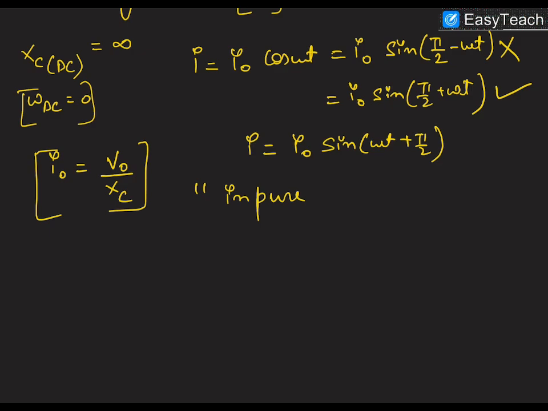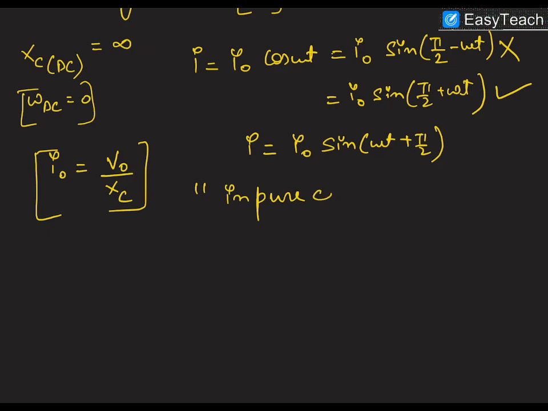But in a pure resistive circuit, we already have studied that the phase difference between current and voltage was 0 degree. And in a pure capacitive circuit, we know that the phase difference between the current and voltage is pi by 2.